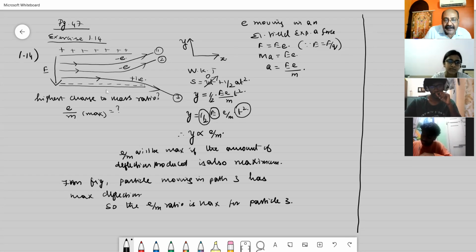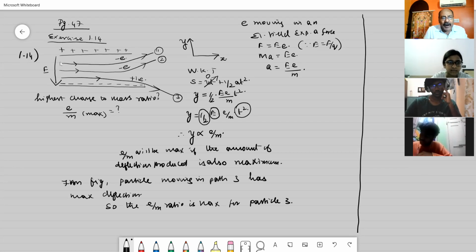When you are looking at the diagram, the electrical field is provided by two plates, the top plate and the bottom plate. The top plate has the positive charges and the bottom plate has the negative charges. The field is directed from the top plate to the bottom plate, from positive charge to negative charge.